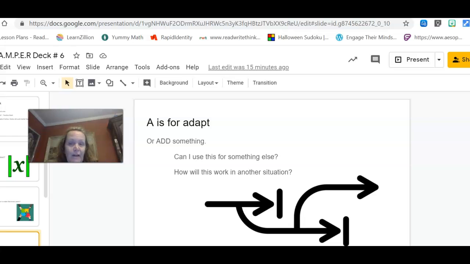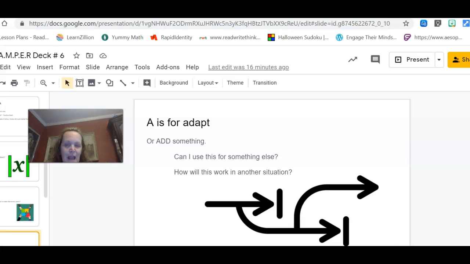Or can I take what I've made and use it for something else? I have to ask myself, how will this work in a new situation? So far we've had S for substitute, C for combine, and A for adapt or add. So we have S, C, A. I wonder what letter is next.